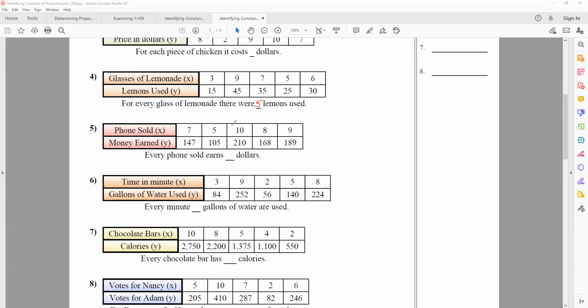21. I would just use the easier one, 10 to 20 to 10. You see that? Right, 21.